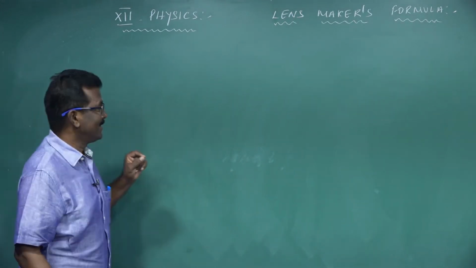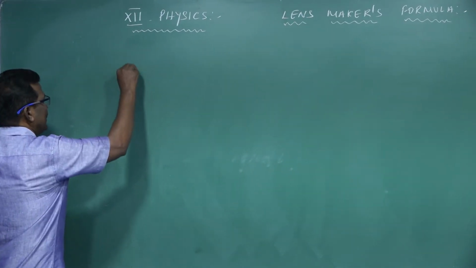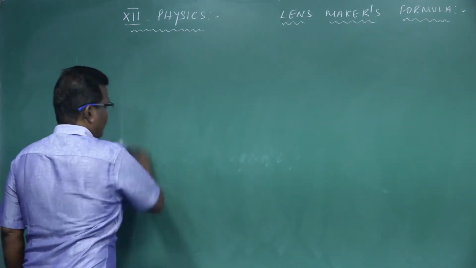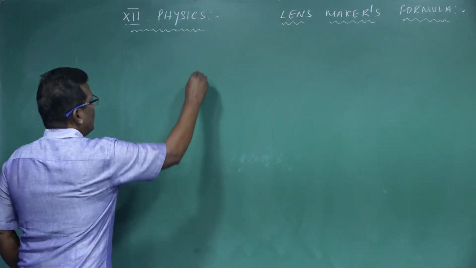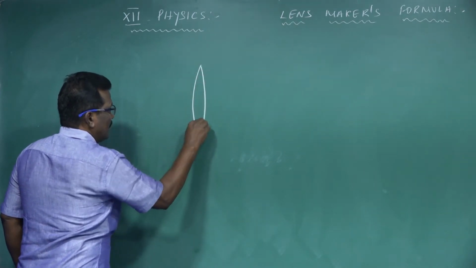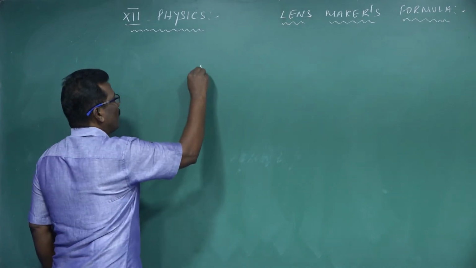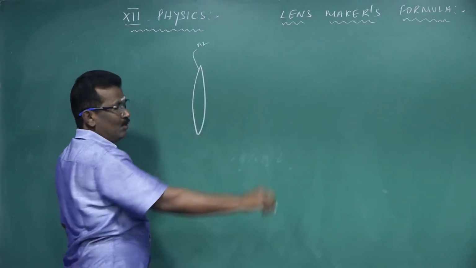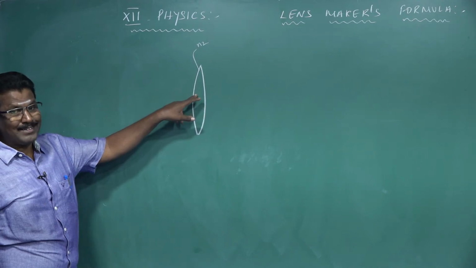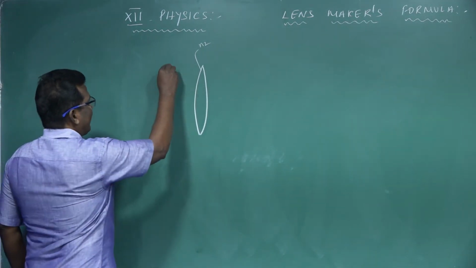First, let us consider a thin lens whose refractive index is N2. The thin lens is placed in another medium whose refractive index is N1. That means air.